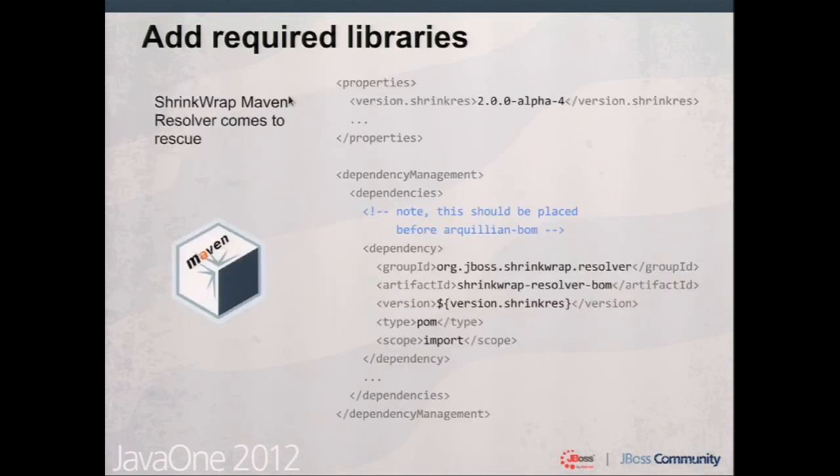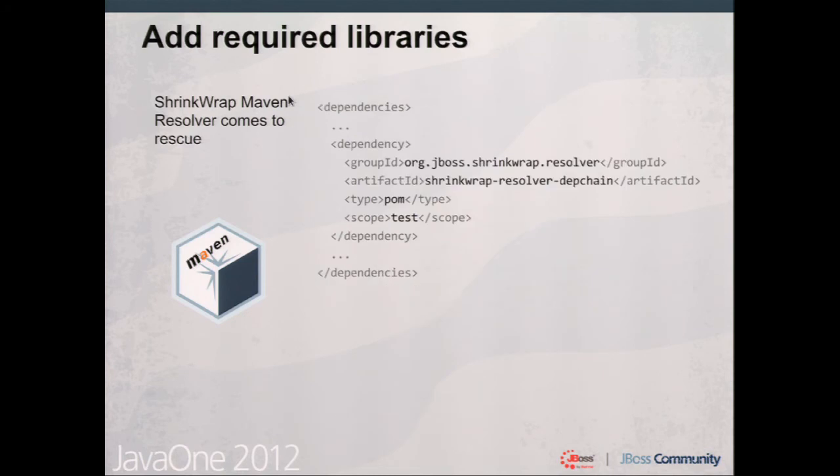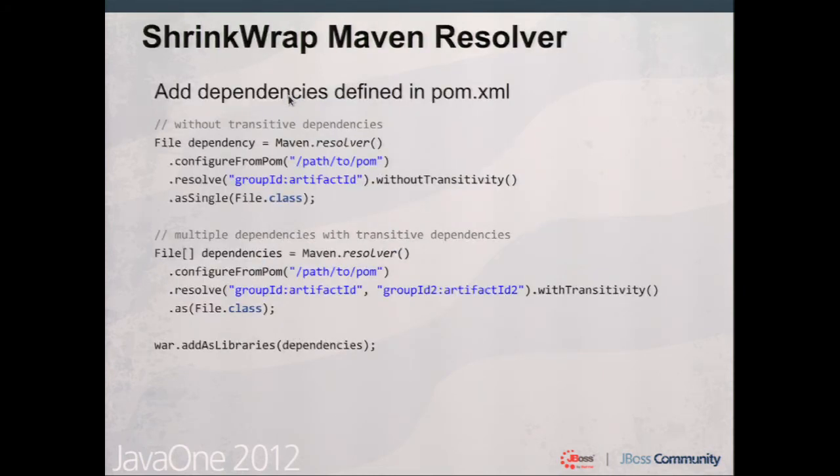So there's another tool to do that, which is called ShrinkWrap Maven Resolver, which you include in your project using the very same means, and you will get the dependencies from your POM file. So you basically select a POM file, you say, hey, I want a single group ID, artifact ID, and I want this as a file, and on the last line you include this as dependencies.